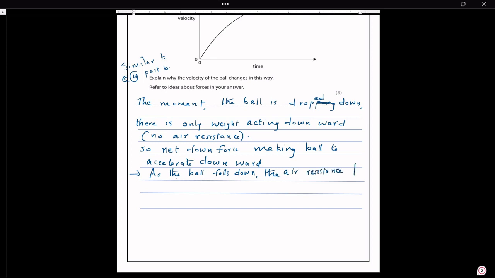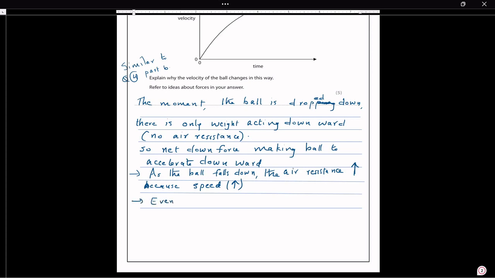I am using a symbol for increases just to save time and space, but in the exam, try to put the complete word.